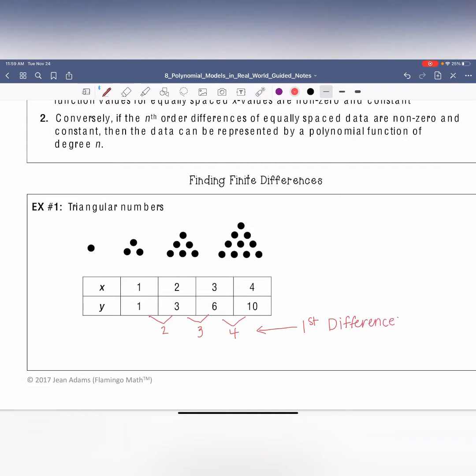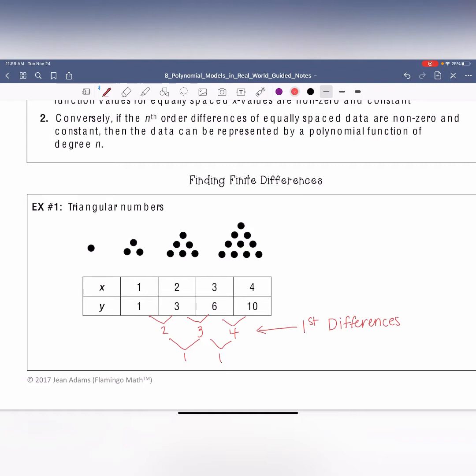We want to do this until these numbers are all the same number. Once they are the same number, then we know what kind of function we have. So 2, 3, and 4, not the same number. So we're going to do the differences between 2, 3, and 4. The difference between 2 and 3 is 1. The difference between 3 and 4 is 1.